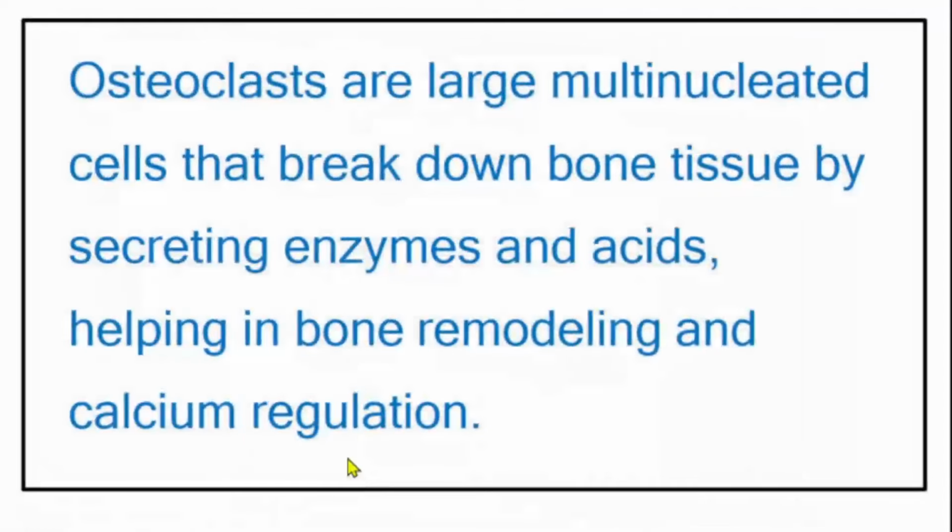Osteoclasts are large multinucleated cells that break down bone tissue by secreting enzymes and acids, helping in bone remodeling and calcium regulation. So after the bone remodeling, there will be release of calcium minerals. So in blood, the calcium level will be higher.